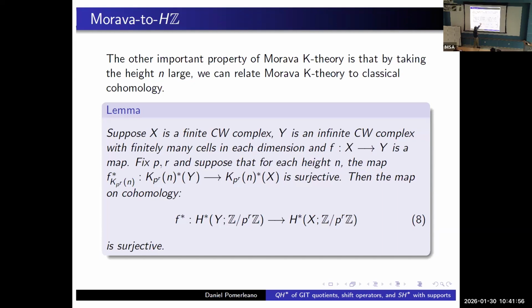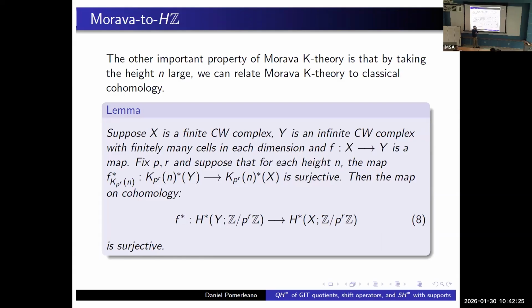So I have surjections like this for any n. Actually, I just need n very large, so that the degree of Bn is bigger than the dimension of my space. Then this map on cohomologies is surjective. And this is the reason why we need this thickening, because that allows me to do p to the r coefficients.